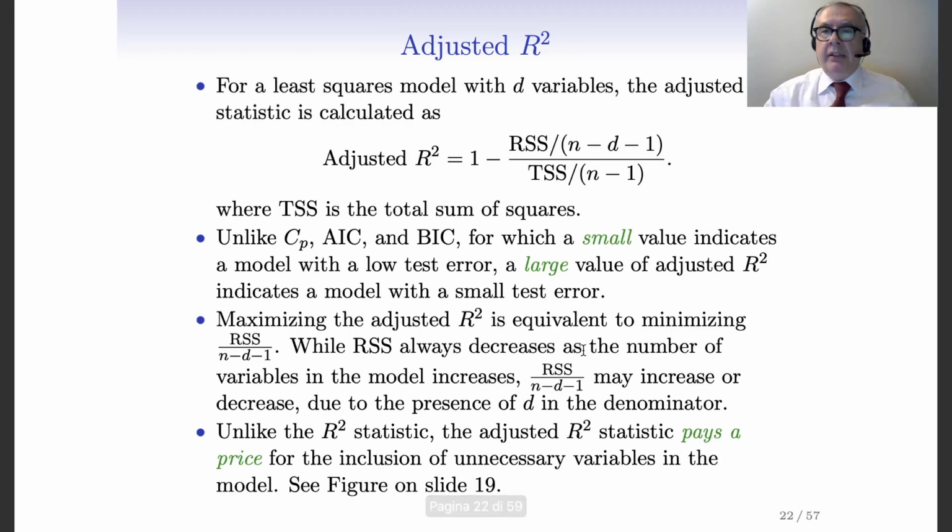All right, finally, we have adjusted R squared, and adjusted R squared is a modification of the R squared statistic, which is defined as R squared equal to 1 minus RSS over TSS. RSS is the residual sum of squares associated with your model, and TSS is the total sum of squares, that is the residual sum of squares associated to the null model, where you just have the intercept. So you compute the sum of squared residuals when you just have the intercept, so the mean value.